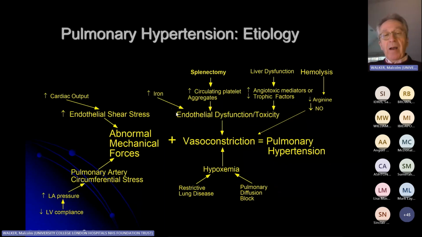You've got direct effects on endothelial function from iron, from increasing circulating platelets with their functional splenectomy. So you can see there are a number of factors, and a lot of these have been worked on and worked out in animal models and in the clinic.